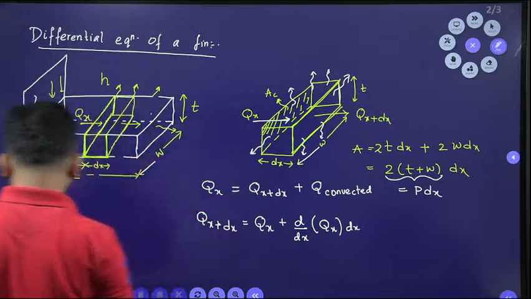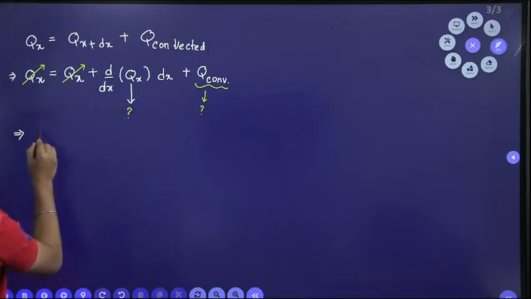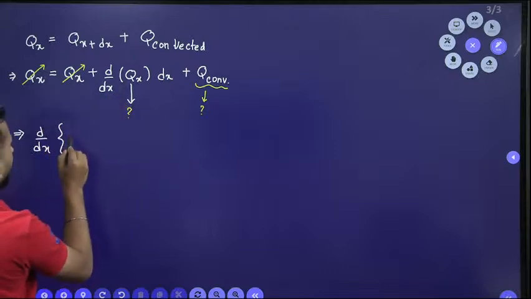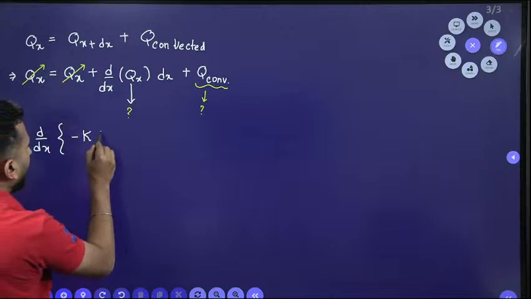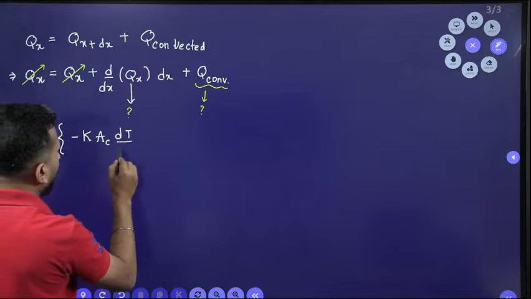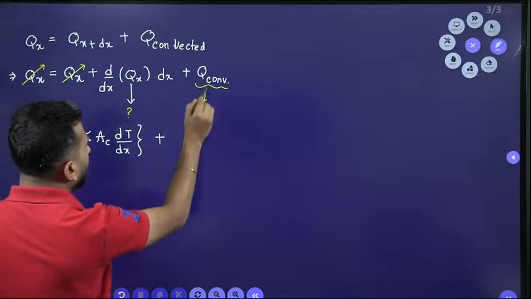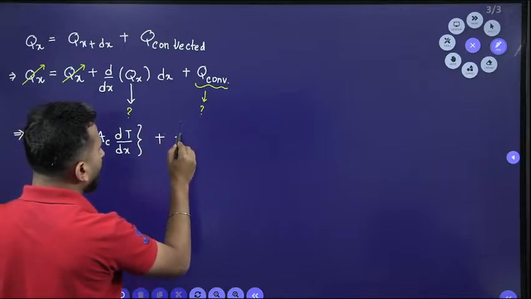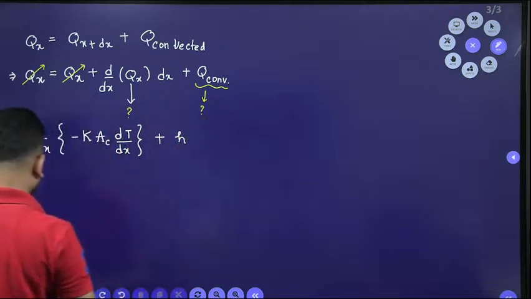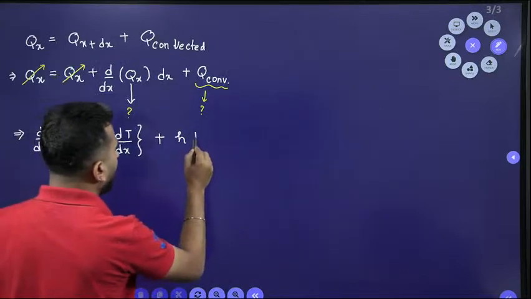So conduction already I have told you, this thing I am writing. This is d by dx, and for q x I can write minus k A C, A C is the cross sectional area, dT by dx, plus what is q convection? So already I have told you, first you will write h and A. So in place of A, we have discussed that I can write area as P dx.